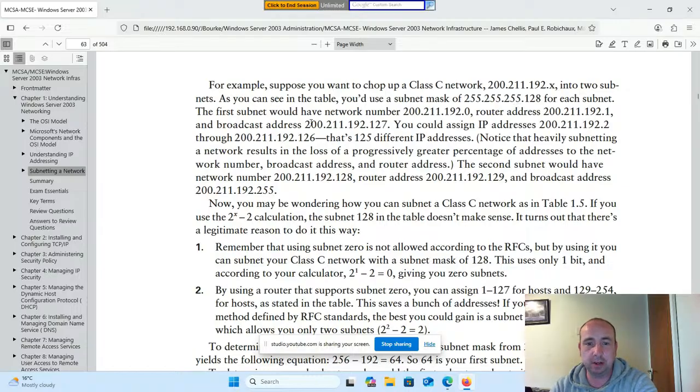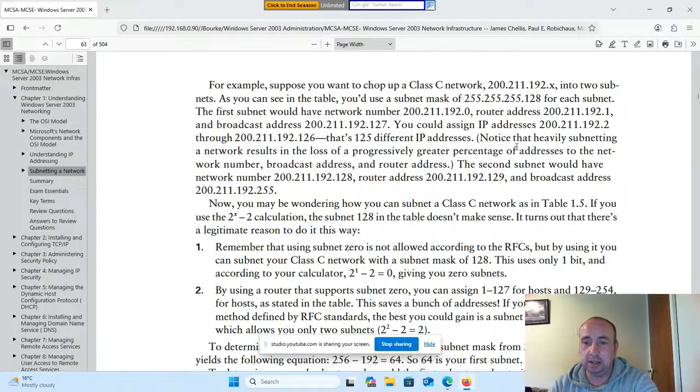The first subnet would have a network number 200.211.192.0, router address 200.211.192.1, and broadcast address 200.211.192.127. You can assign IP addresses 200.211.192.2 through 200.211.192.126. That's 125 different IP addresses.